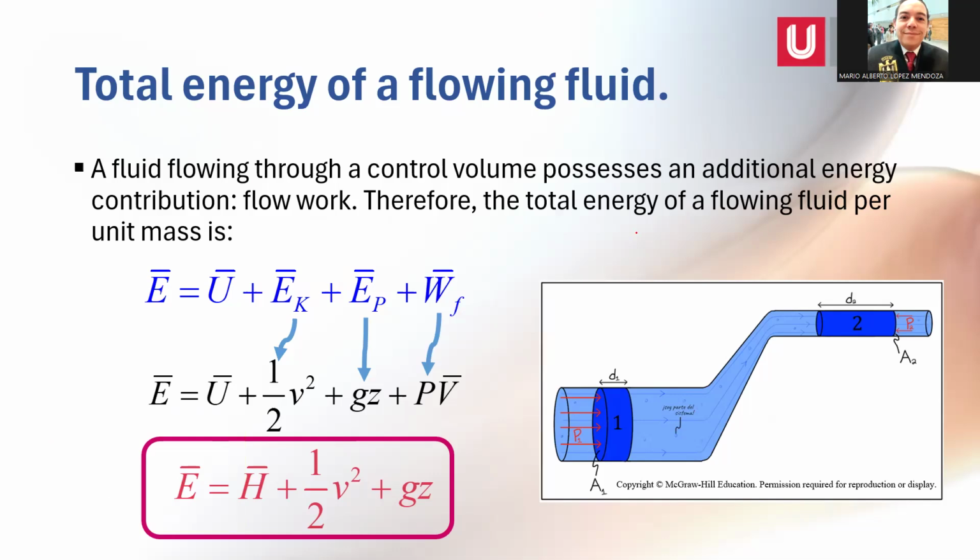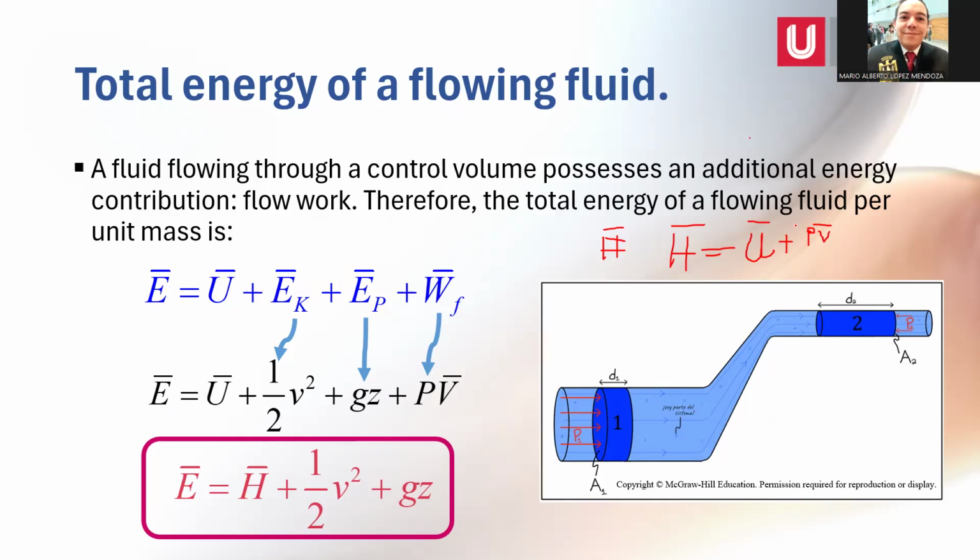And we can define the specific enthalpy such as, this specific enthalpy is just equal to the specific internal energy plus the product of the pressure and the specific volume of the fluid.